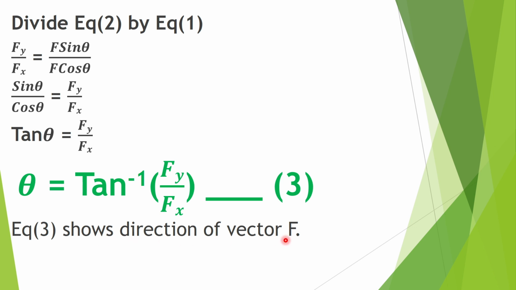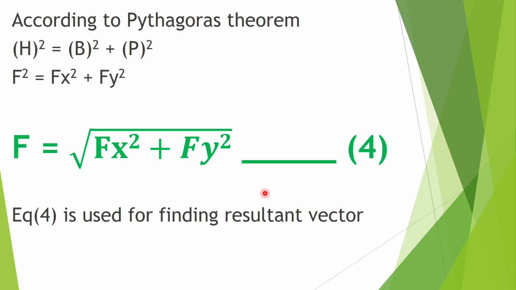Now let's try to calculate the resultant vector F. According to the Pythagoras theorem, or Pythagorean theorem, hypotenuse square equals base square plus perpendicular square. Your base is Fx, so Fx square, and perpendicular is Fy, so Fy square, and hypotenuse is F, so F square.